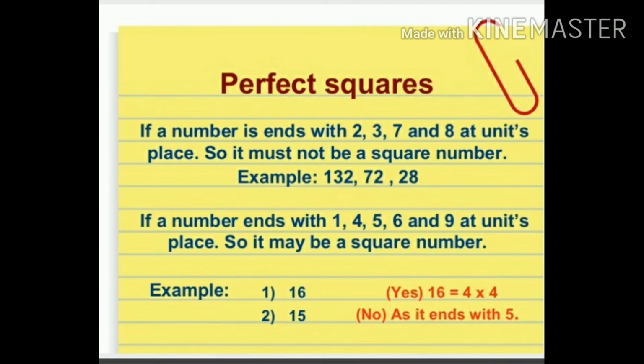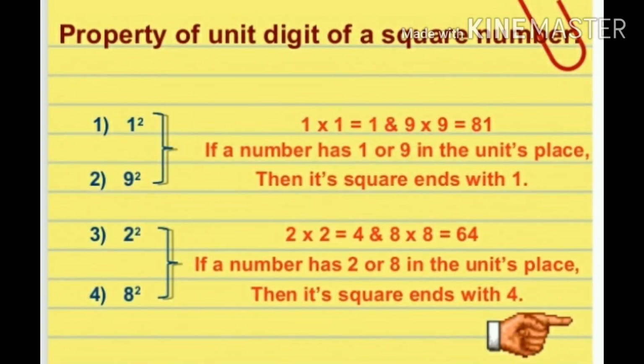Dear students, we are going to the next concept, property of unit digit of square numbers. Dear students, you observe the first two examples. 1 squared is 1, 9 squared is 81.